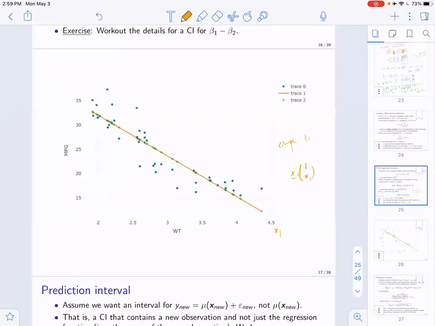In simple linear regression, the line is going to be mu of x1, which is just beta 0 plus beta 1 x1, nothing but beta transpose x. And you can say it's a line, and you can build confidence intervals at every point. So given any x1, you'd have a confidence interval for this value.